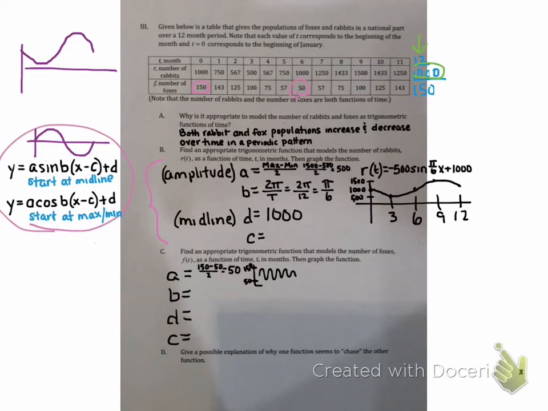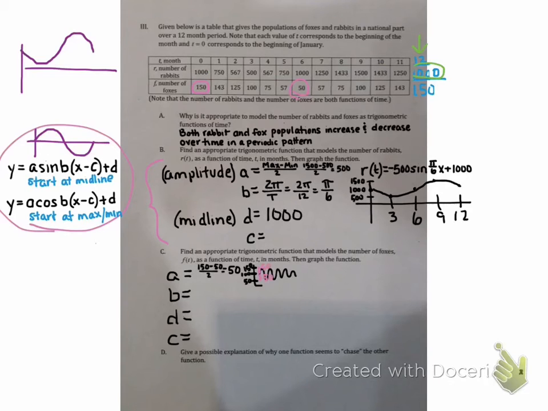Okay, and if the amplitude is 50, that means my midline is 50 below 150, or it's 50 above my minimum 50, which puts my midline right here in the middle at what value? Yeah, at 100. There's a distance of 50. Do you see what that amplitude is saying? It's saying the distance from here to here is 50, or the distance from here to here is 50. That's what it's telling us.